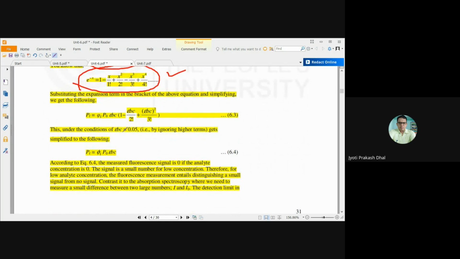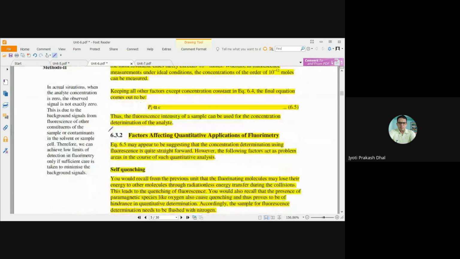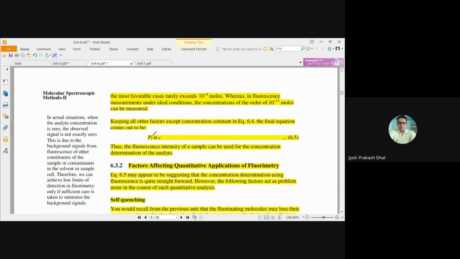Putting this value, we find that PF equals phi f P naught epsilon BC. So that means PF is directly proportional to concentration. Thus the fluorescence intensity of the sample can be used for the concentration determination of the analyte.